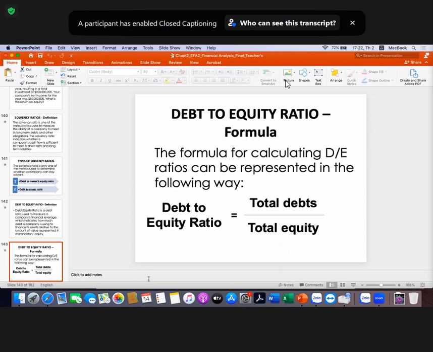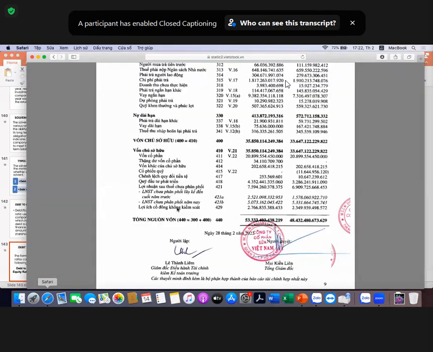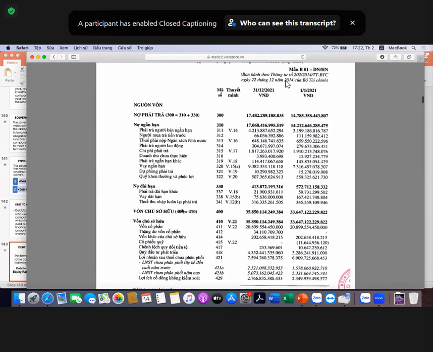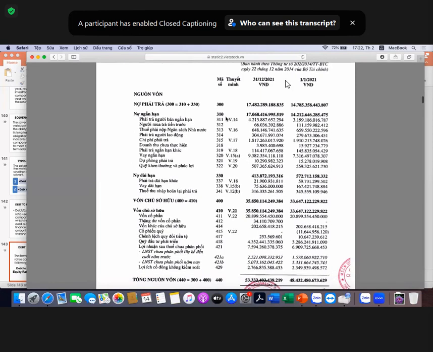What is the debt to equity ratio? Total debts. It means we have to take the figures from code 300, divided by what?